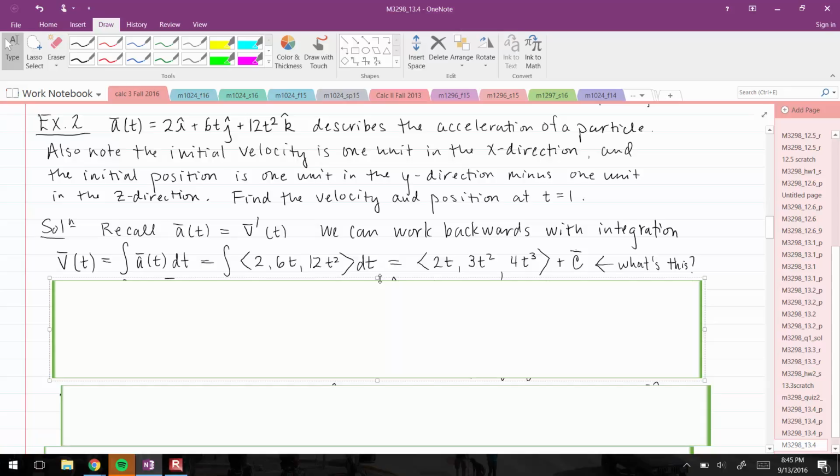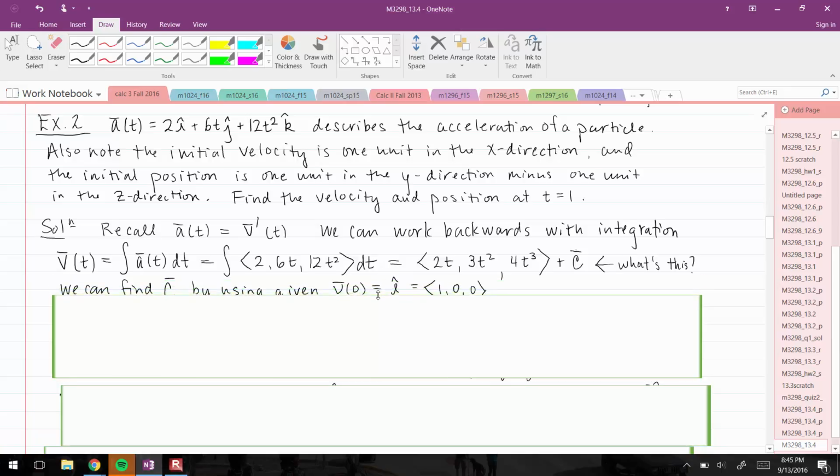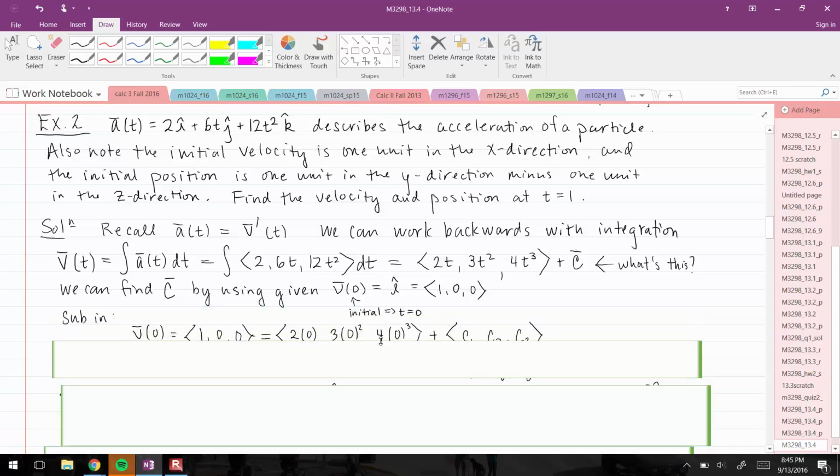what we can use is the initial velocity. Initial velocity is when t equals 0. If you plug that into what we have for our velocity function, notice first of all that 1 unit in the x direction is the vector 1, 0, 0. So our velocity vector at t equals 0 is equal to that, and then we set it equal to what we have so far with t equals 0 plugged in.